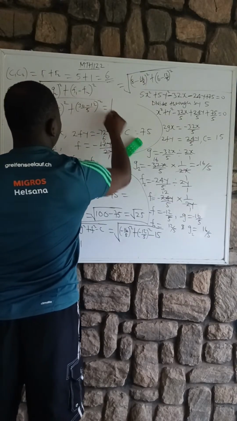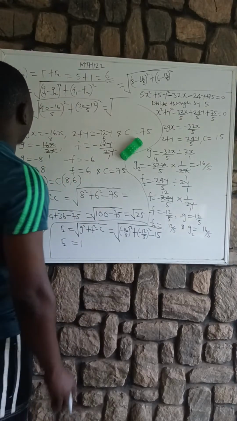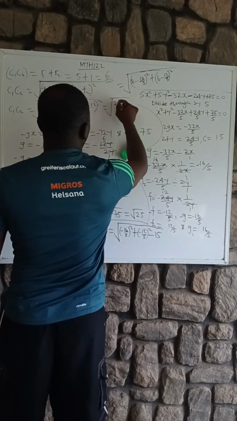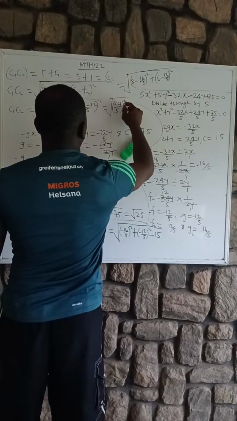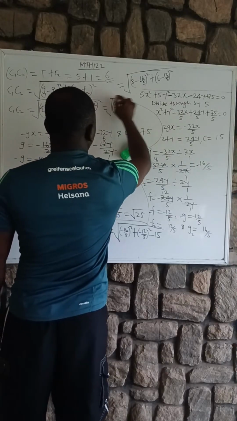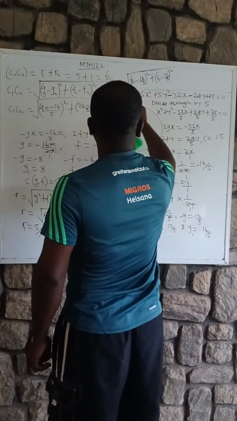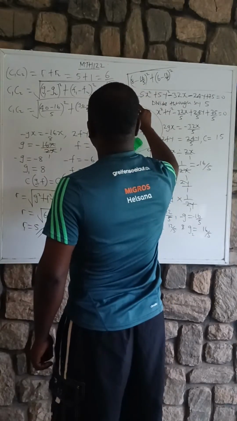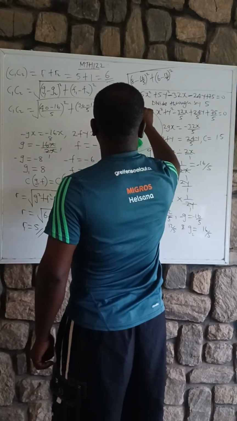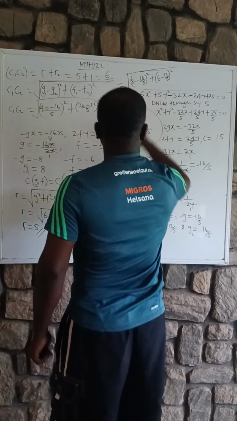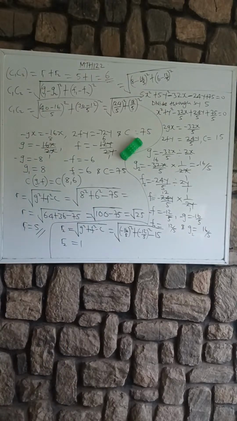Then this is equal to 24 all over 5 all in square, then plus this one will give you 18 all over 5 all in square. Am I right?